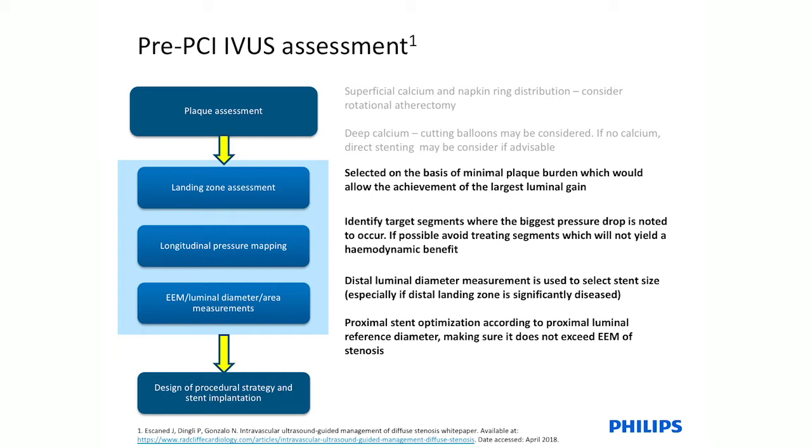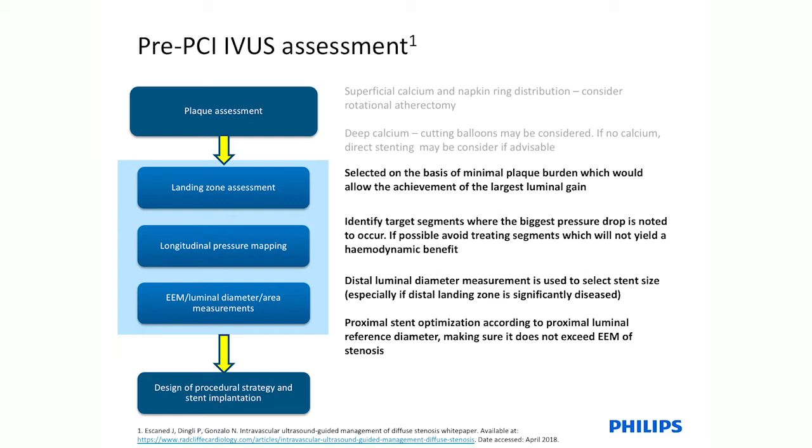On many occasions you have small branches in the diseased segment that account for a tapering of the vessel. In some cases this change can be dramatic, to the point that a stent chosen on the grounds of a distal landing zone could not be expanded to reach the diameter of the proximal landing zone.